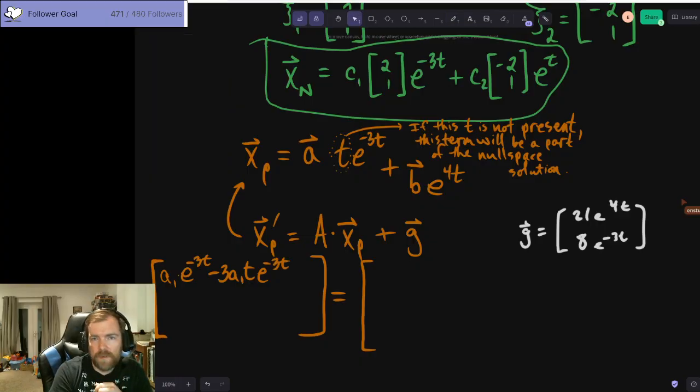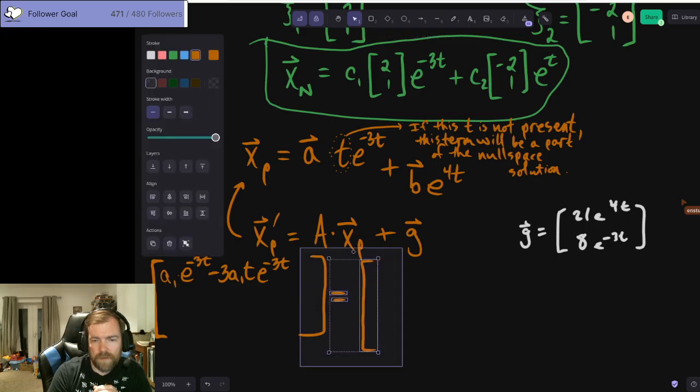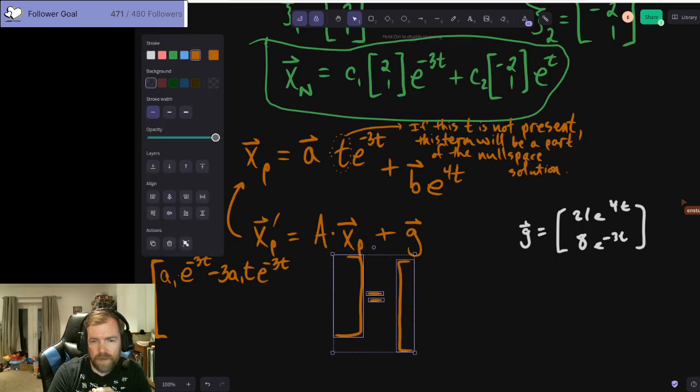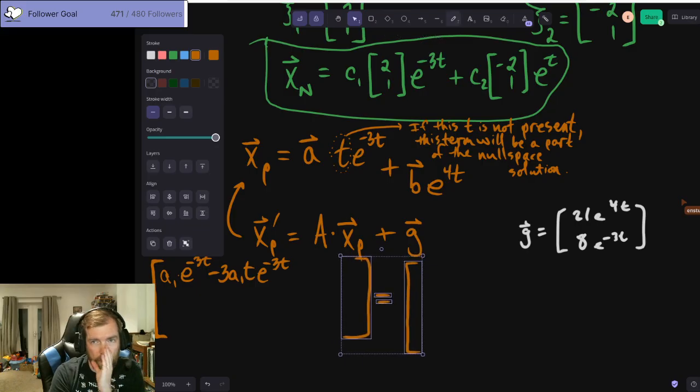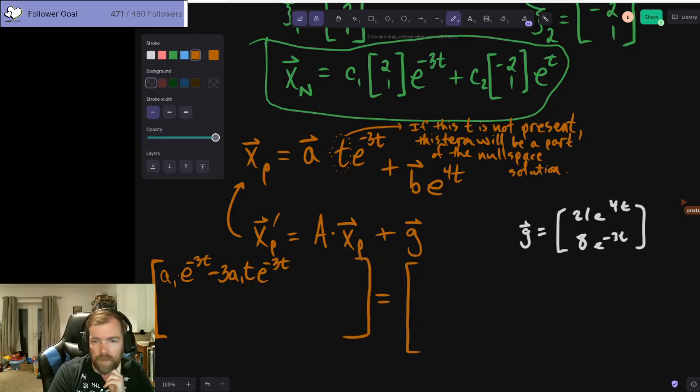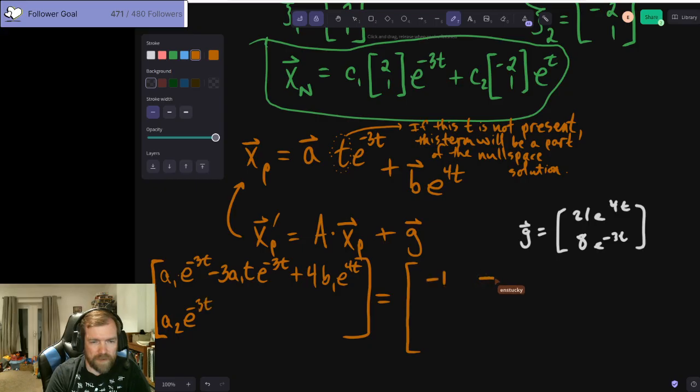Right, and then if we take the derivative of b e to the 4t, we're going to get a positive 4b1 e to the 4t. Second row, very similarly, just going to end up with a2 and b2 in those particular places. Nothing else is going to change. Please tell me if I'm wrong.